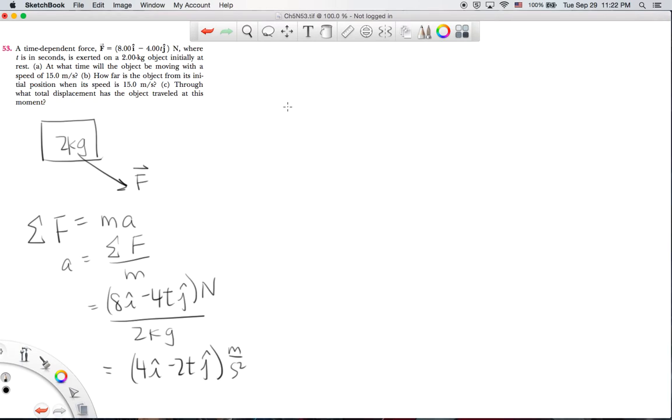So part A asks, at what time will the object be moving with the speed of 15 meters per second? So we want to find an equation for the velocity that is in terms of time. So the velocity is going to be the integral of the acceleration, which is 4i hat minus 2t j hat.